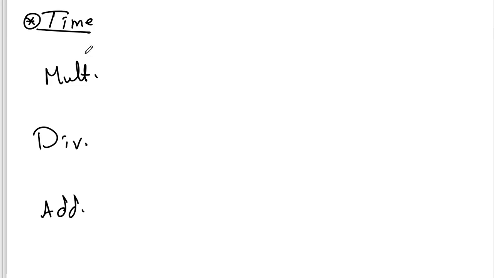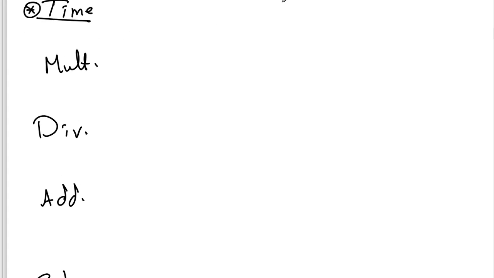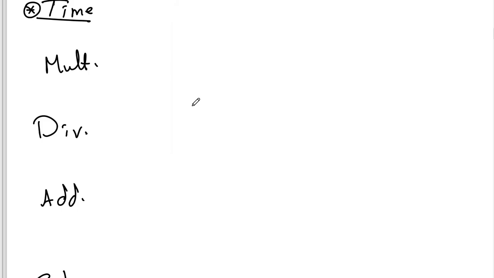We need to multiply, divide, add, and subtract time. Okay, let's take them one by one. We'll start with multiplication, and for multiplication we will do the same as multiplying fractions.